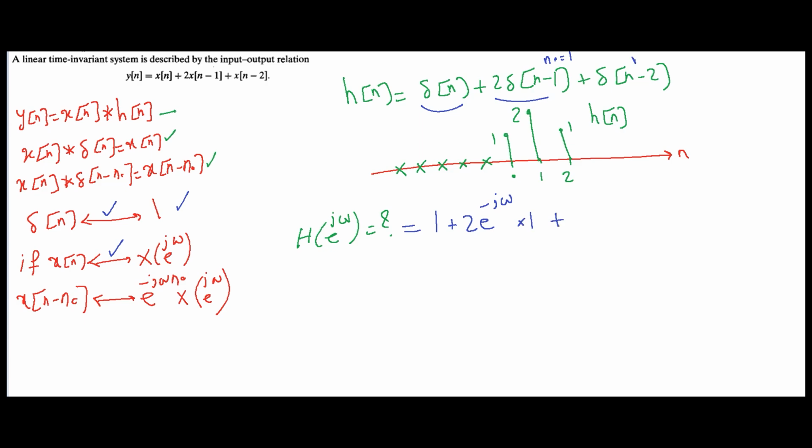The transform of delta[n-2] becomes e to the power of minus j2 omega. Adding these terms together gives the frequency response. Now we factor out 2 times e to the power of minus j omega.